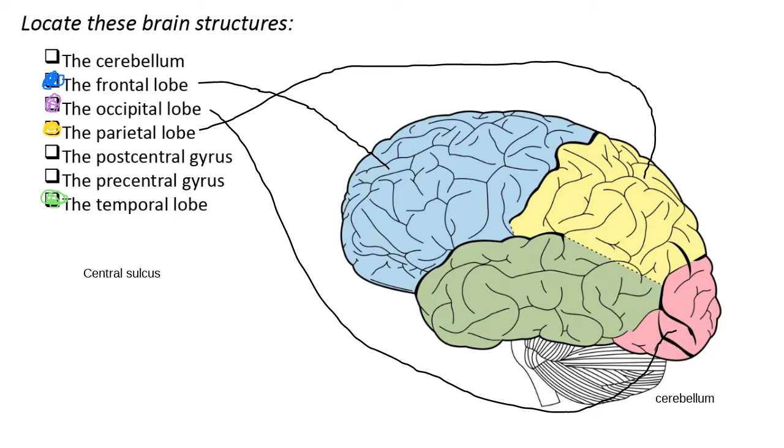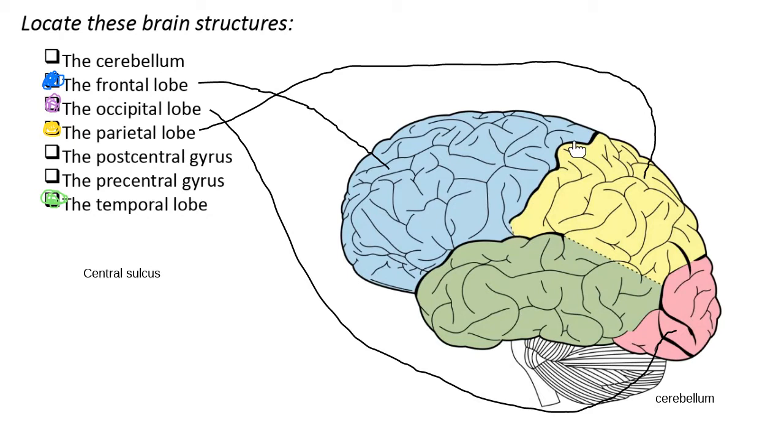I didn't have you label it on the picture, but the central sulcus is this dark line right here. The central sulcus divides up the frontal lobe from the parietal lobe. So that's how I know it's this thing right here.